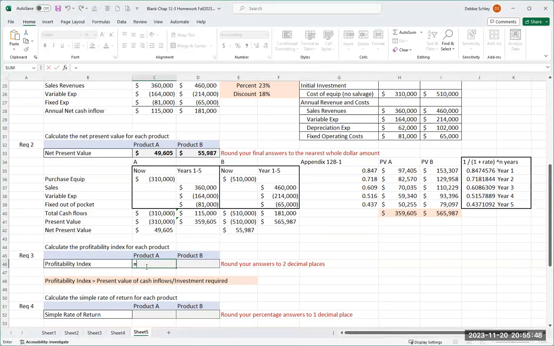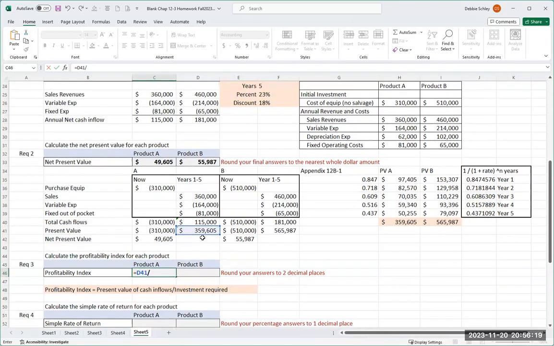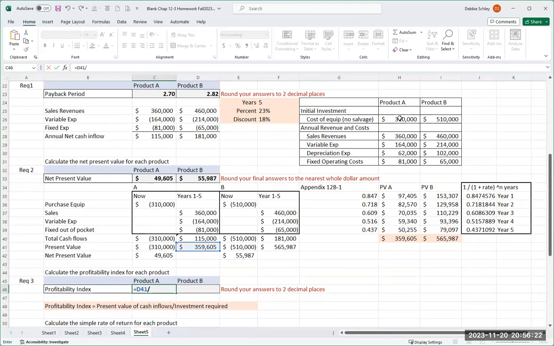So for product A, the present value of cash inflows for all 5 years divided by the investment required, which I'm going to reference this one over here because it's a positive. So I get, rounded to 2 decimal places, 1.16.